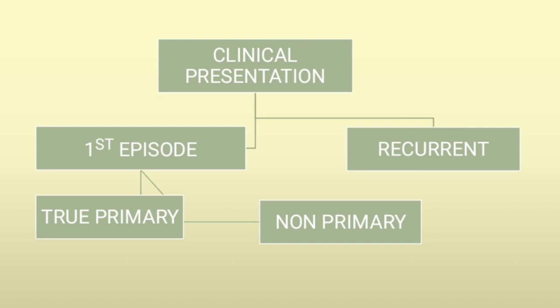So the clinical presentation of herpes simplex can be divided into a primary episode and a recurrent episode. A primary episode can be true primary or non-primary. In true primary, the serology of the patient will be negative for herpes simplex of any type. In non-primary, the patient will be serologically positive for herpes simplex virus.